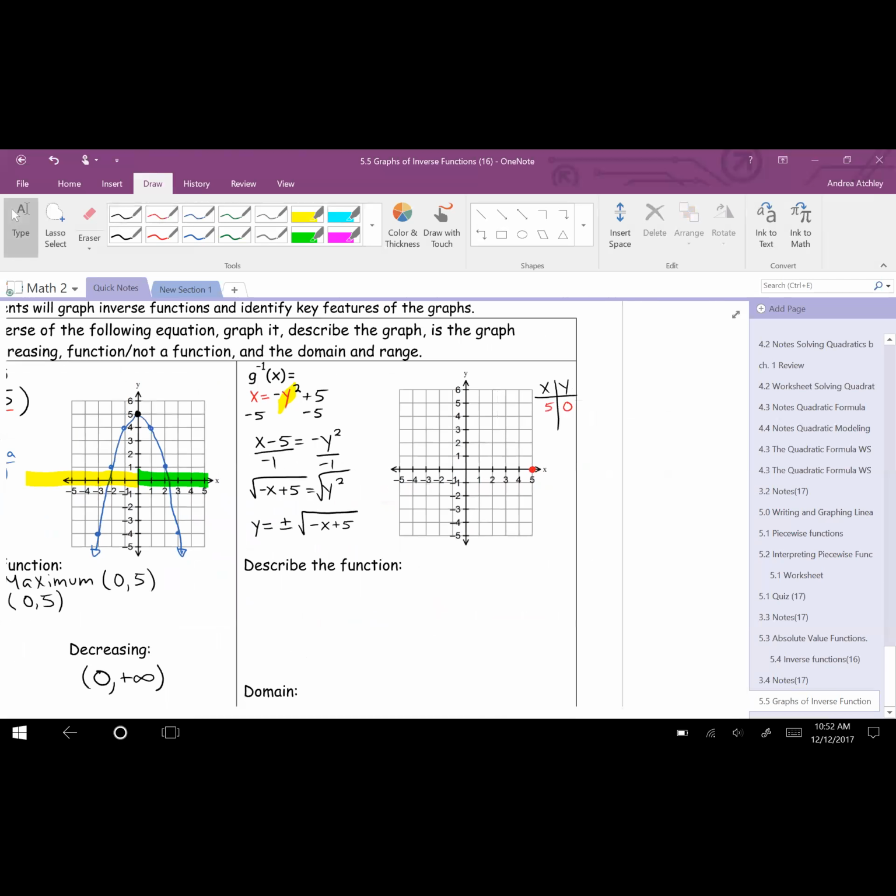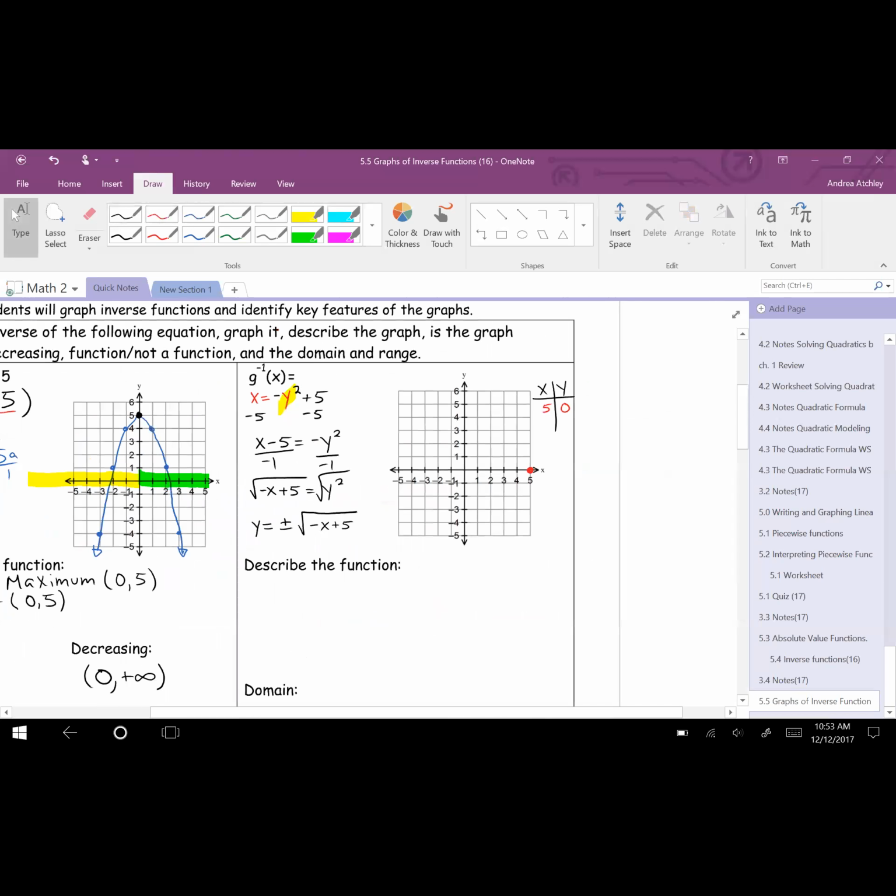Then my next point, I'm going to take from right here. This is 1 and 4. So the inverse of that is going to be 4 and 1. I'm going to do the same thing on this point here. This is -1 and 4.